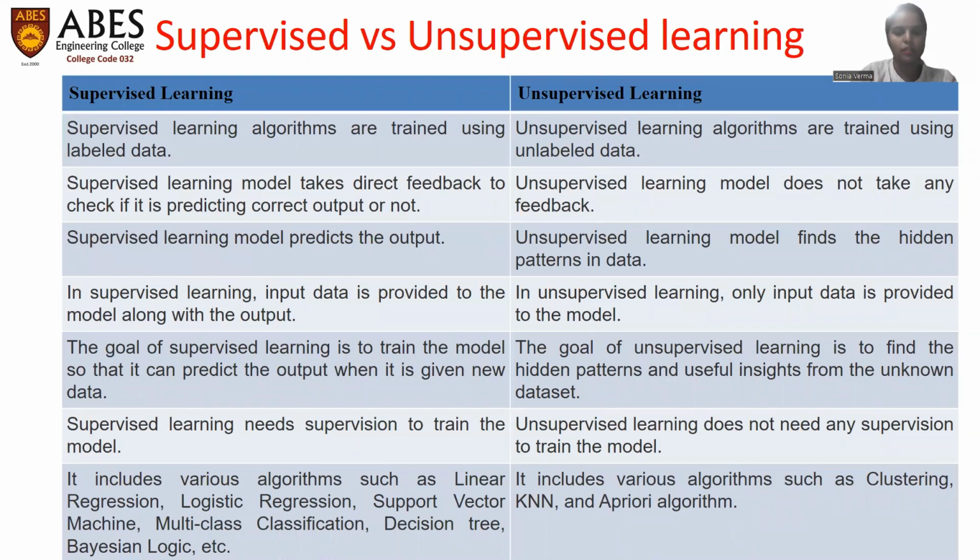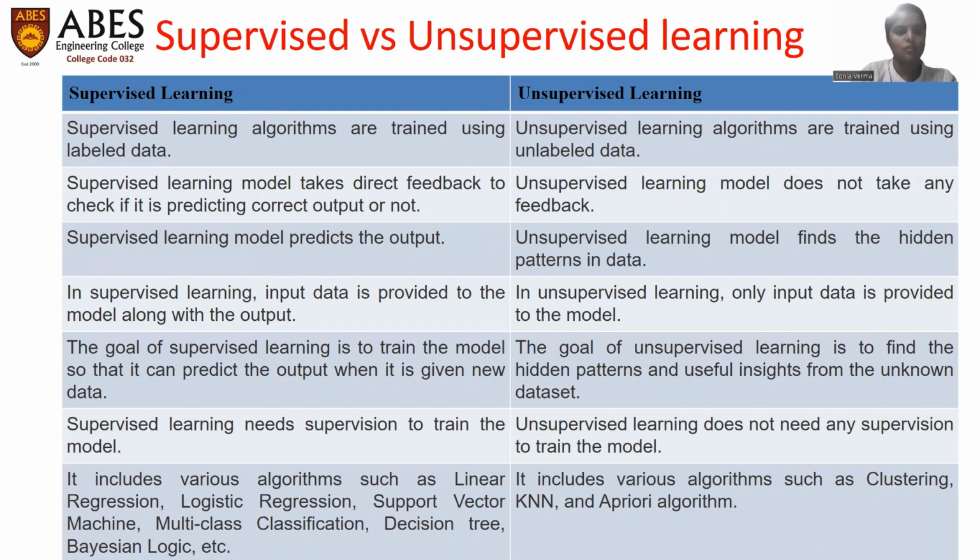As you all know, in supervised learning data is labeled and in unsupervised learning it is unlabeled. In supervised learning, the model takes direct feedback to check whether the output is correct or not, but in unsupervised learning there is no feedback.